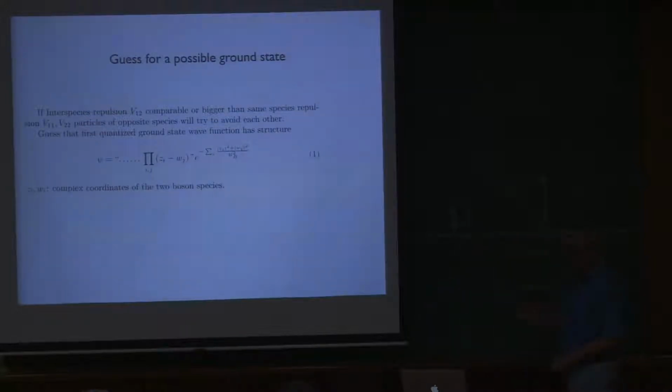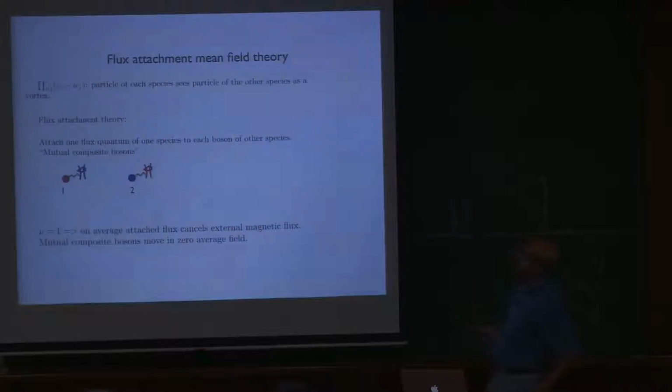Basically, what this factor tells us is that if I fix the coordinates of all the W particles and take any Z particle all the way around any W particle, then there's a vortex in the wave function. So the wave function winds by 2 pi, which means that particles of each species, according to this guess, see the particles of the other species as a vortex. So that's what I said here.